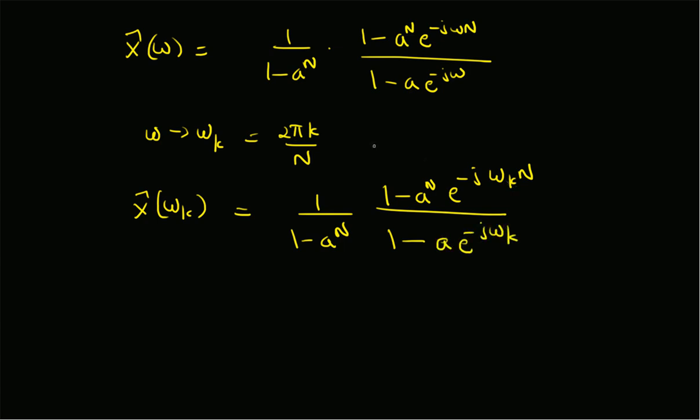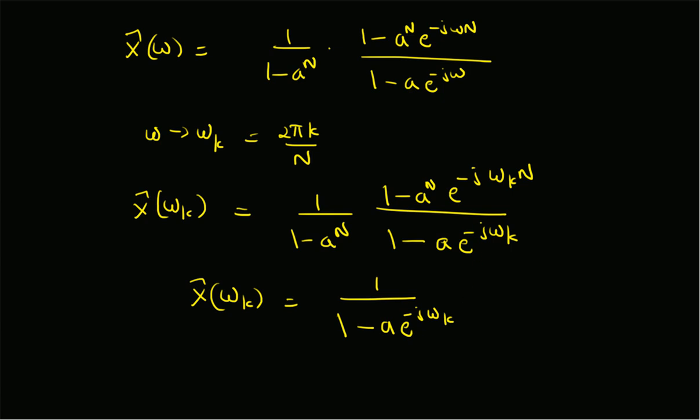And since omega k is equal to 2 pi k by capital N, this basically is equal to 1, that is e power minus j 2 pi k, which is going to be 1. So x hat of omega k is indeed equal to 1 by 1 minus a into e power minus j omega k.